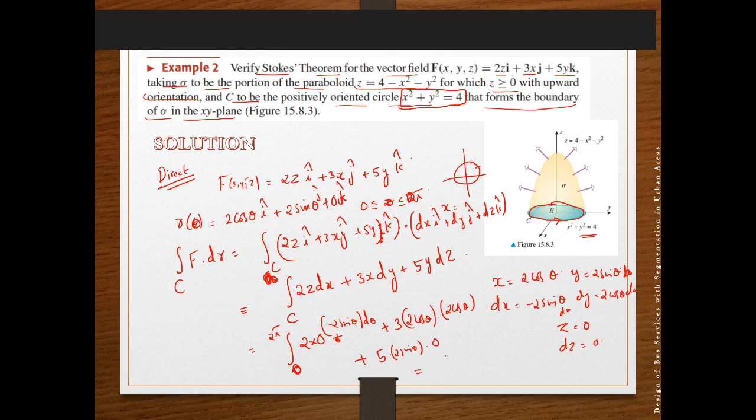So this is equal to the integral from 0 to 2 pi. The first term is 0 and the last quantity becomes 0, therefore 6 into 2, which is 12 cos square theta d theta.